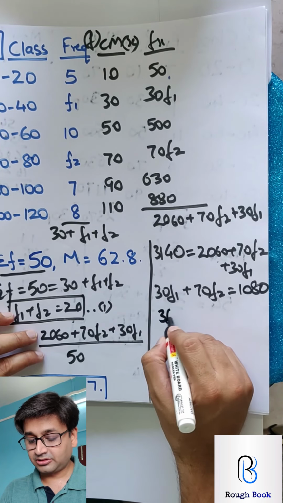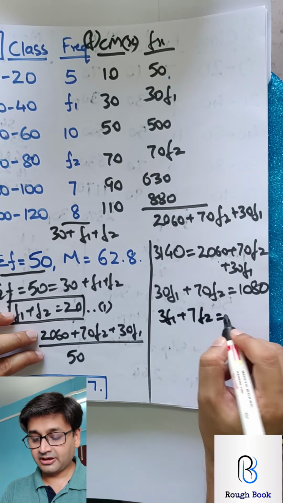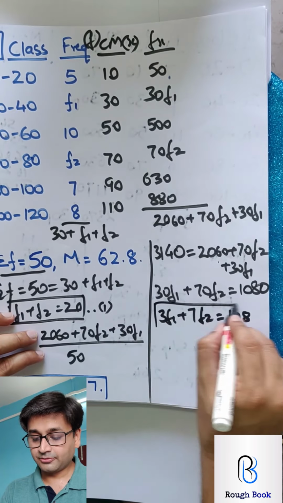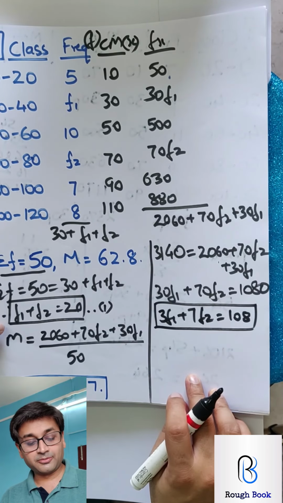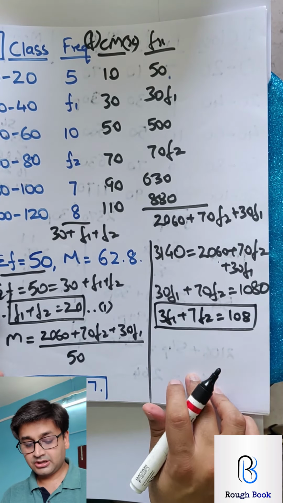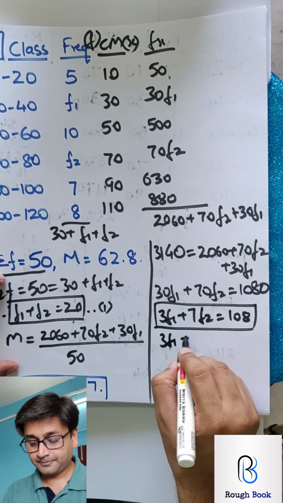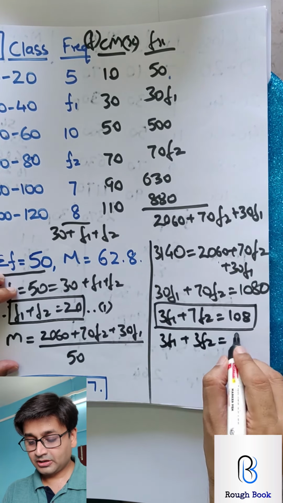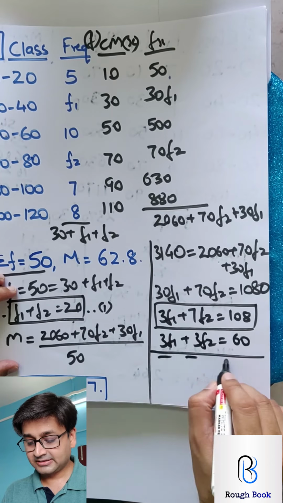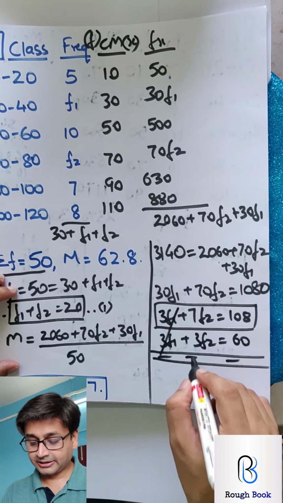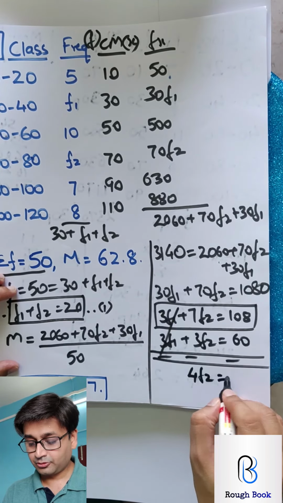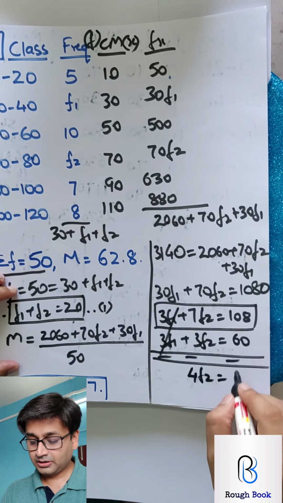Dividing by 10, 3 f1 plus 7 f2 equals 108 becomes my second equation. Multiply the first equation by 3. So I will get 3 f1 plus 3 f2 equals 60. Subtract, and what do I get? So here I'll get 4 f2 equals 48. So my f2 becomes 12.